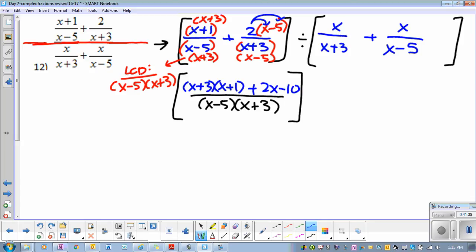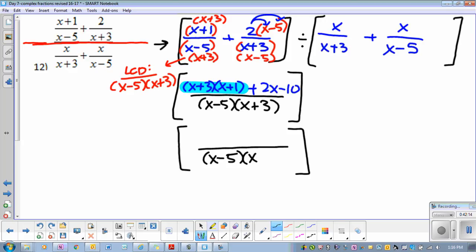Can you cancel here? Nope. You can't cancel here because you still have that plus. You have these two fractions, technically, that you need to combine. This right here, you need to double distribute. So that will actually turn into x squared plus 4x plus 3.